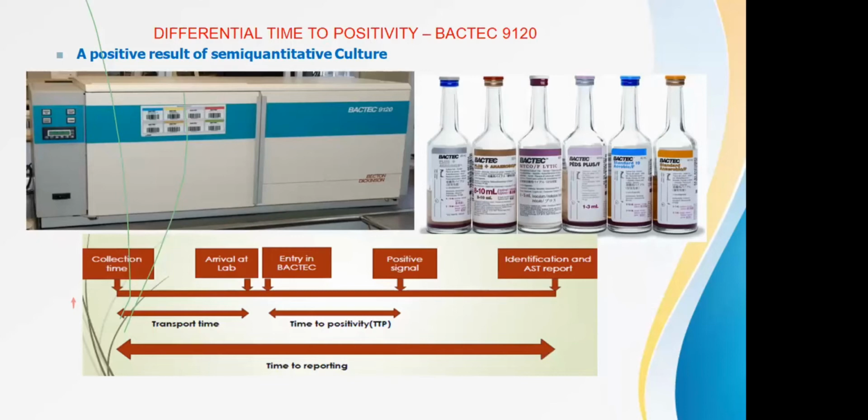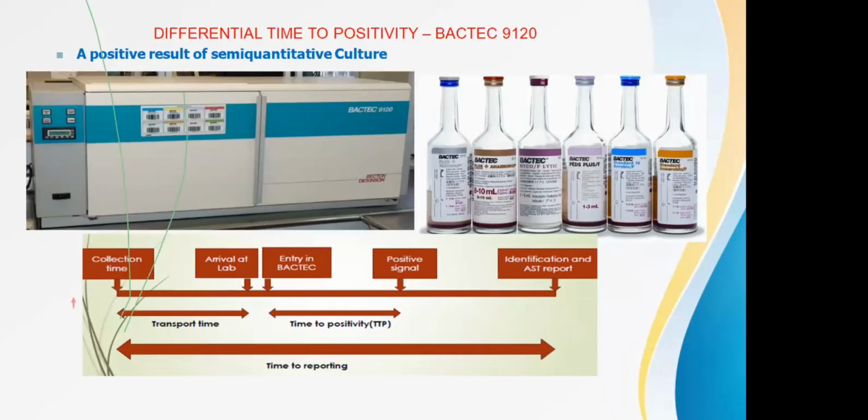When you place it into the BACTEC, when the signal was given positive, when it has flagged positive, and after flagging, when you have subcultured it and finally put it on to Vitek for antimicrobial susceptibility. So when the organism was identified, what is the susceptibility reporting pattern? So transport time, the time to positivity.